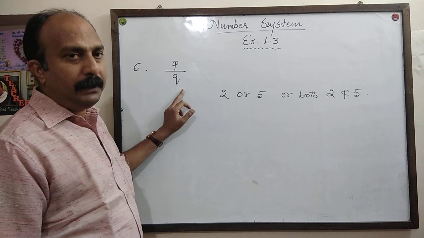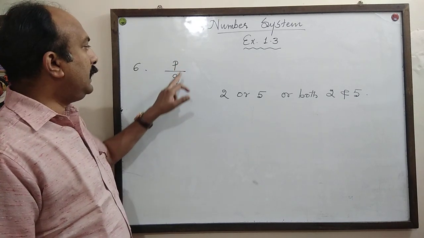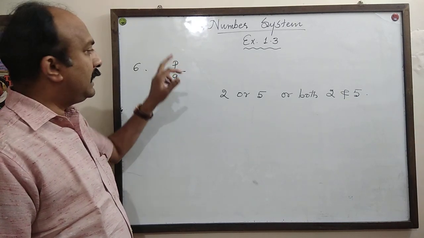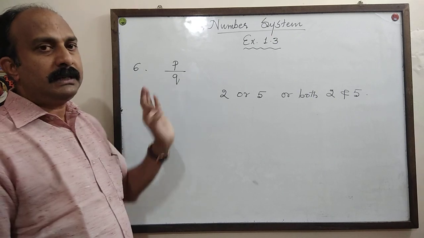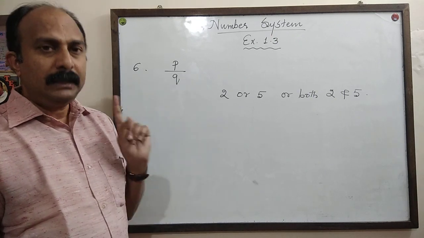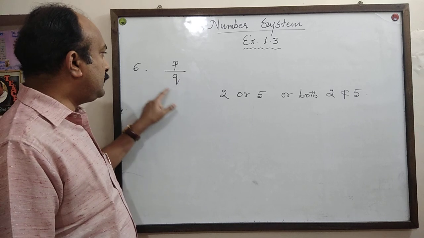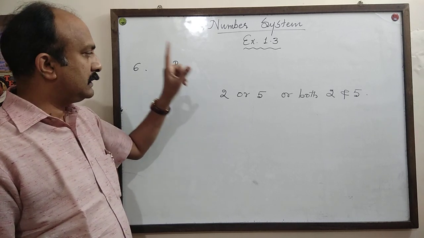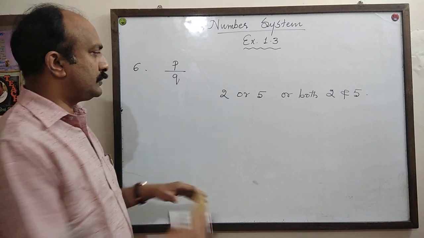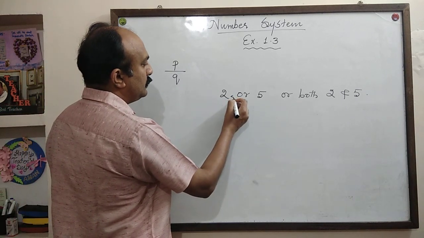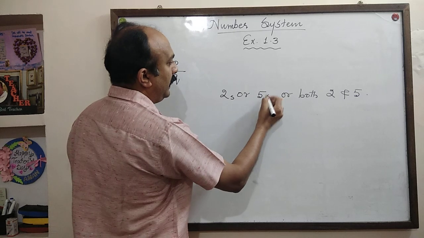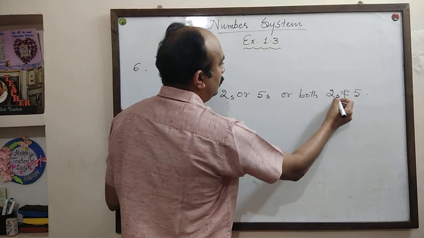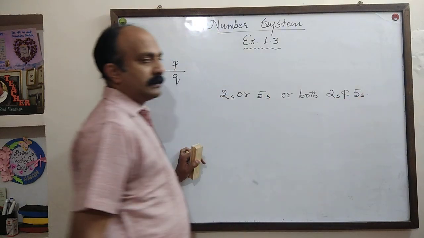Its denominator q will have prime factors in the form of 2's or 5's or both 2's and 5's.